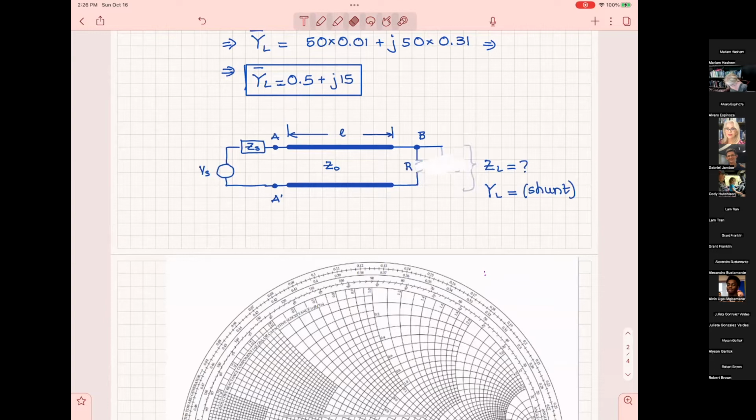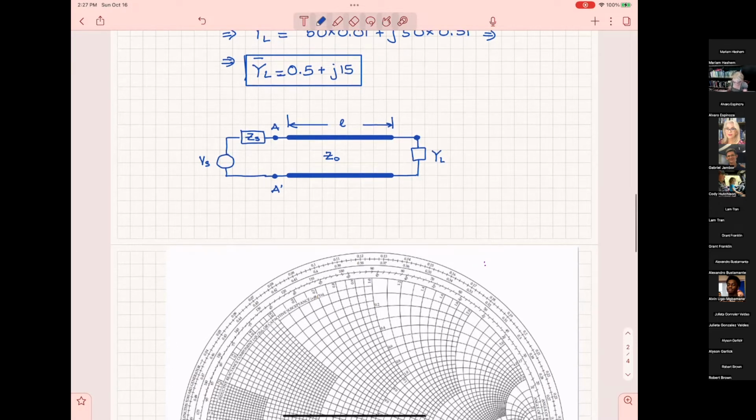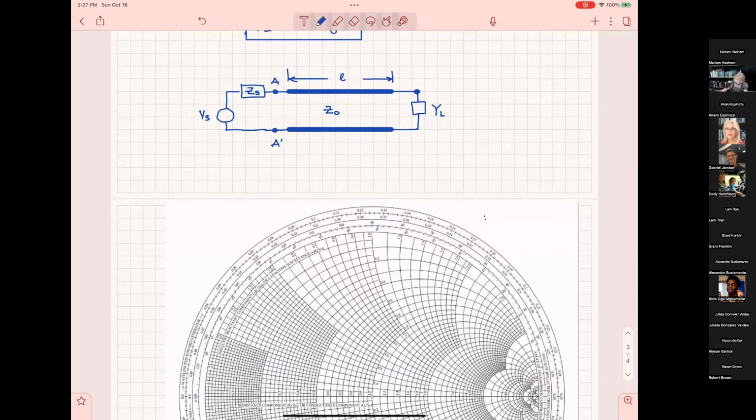I will remove that. And now in its place, I will put Y sub L, normalized. Okay, Y sub L here. And if I normalize that, of course, I have to normalize anything eventually. And now what the problem is telling me is to go and place a stub.